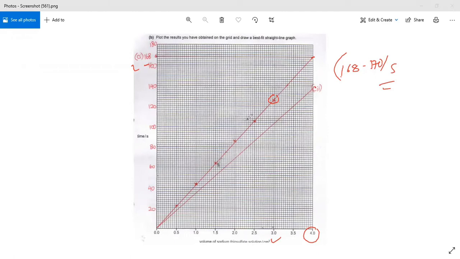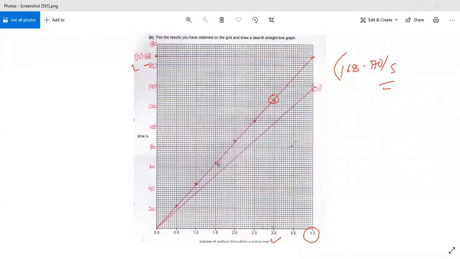And the second bit was asked about if the experiment was carried out at a higher temperature, what could be the graph you expected? The graph you have to draw on your own. Of course, we know that temperature is one of the factors that the rate of reaction depends on, right? If the temperature increases, then the rate of reaction of course will increase.